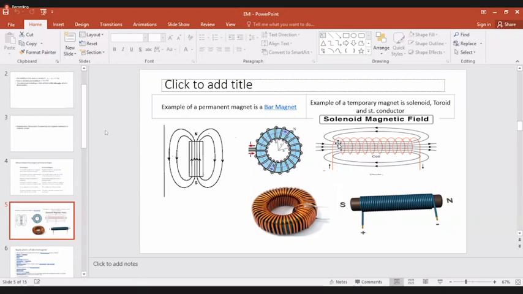So air is a material for the magnetic substance. I think air comes under dia or para. This is called a solenoid. This is called a toroid. And for the straight conductor, we just want the straight conductor over there.